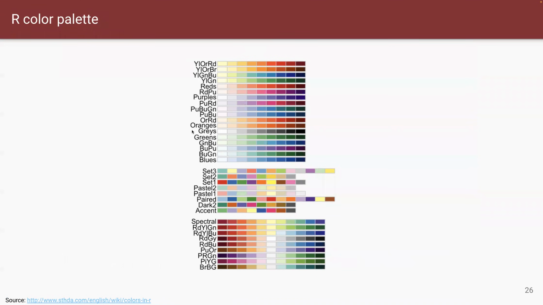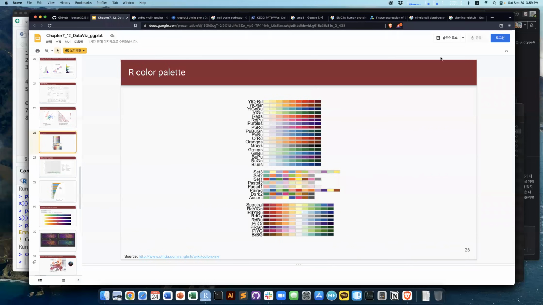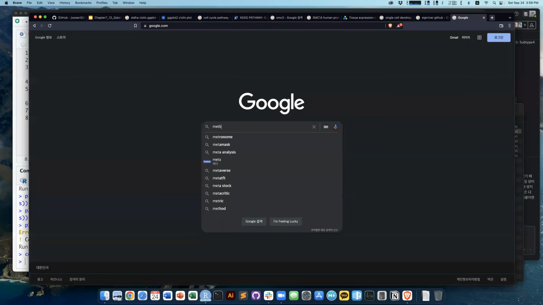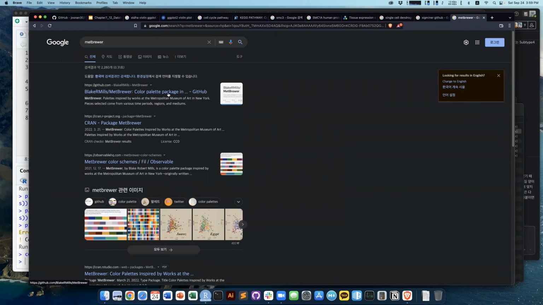But there are some pretty ways you can use a color palette, and that is one of the easy things you can go for. But sometimes I want to find better colors. These days I found very pretty things because I really like colors.